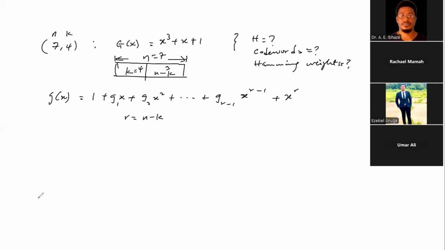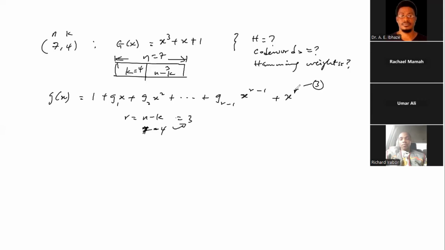So the generator polynomial equation has the highest power of what here? What's the highest power, where r equals 3? This is 7 minus 4, that gives us 3. So the highest power is 3, right? Going by the formula, right?